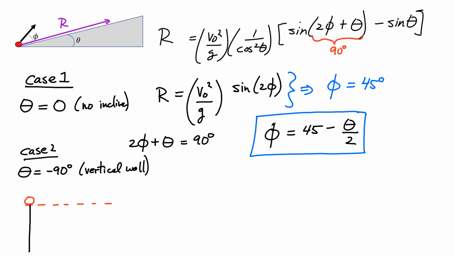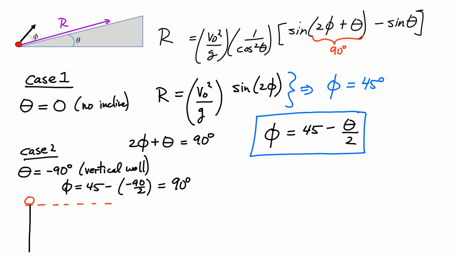In the case of a vertical wall, what would our angle phi equal if I want to maximize the range? In this case, you would want phi to be equal to 45 degrees minus minus 90 over 2. That gives you 45 plus 45 degrees, and that gives me 90 degrees. Now, what is 90 degrees?